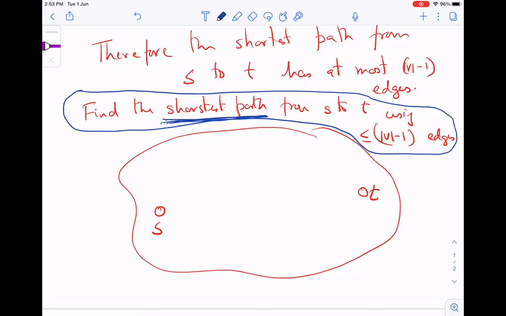Then Dijkstra's algorithm? You have to start from S and run Dijkstra's algorithm. Yes, but what happens if the weights of the edges are negative? Some of the edges might be negative.